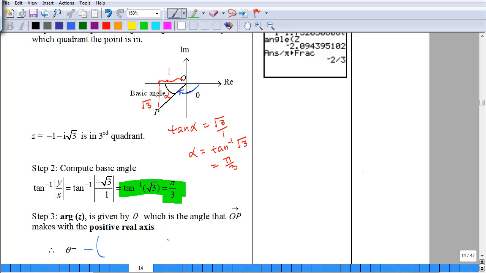So I'll put a negative sign there. Next, I'll write down the size of the angle. We can clearly see that the size of the angle is 180 degrees minus pi over 3, where pi over 3 is alpha. So upon simplification, we get negative of 2 pi over 3.